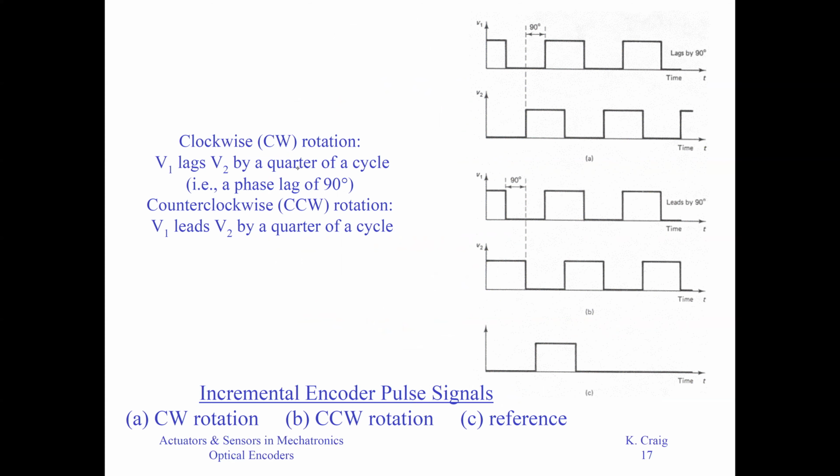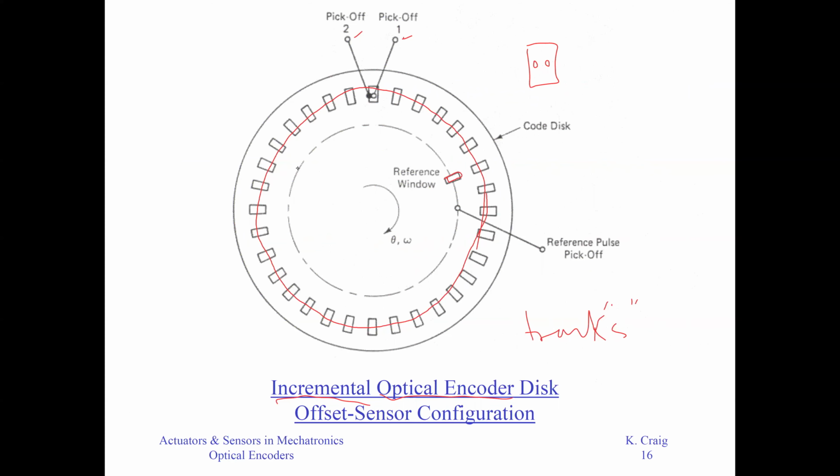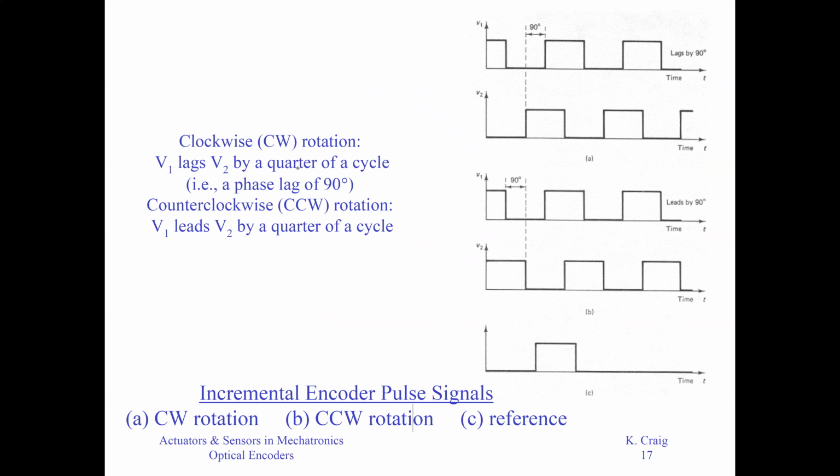One is from the pickup V1, and this is V2. So what you get is just these pulses, while V1 and V2, position-wise, have a 90 degrees phase shift.